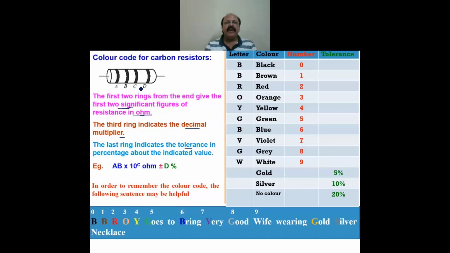So we can write one formula so that you can easily calculate the value of a carbon resistor: AB into 10 to the power C ohm plus minus D%.